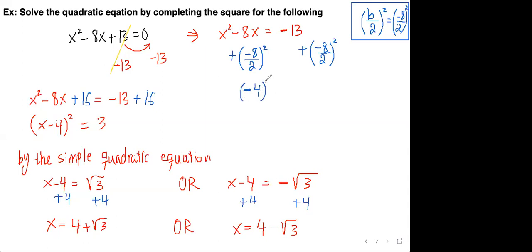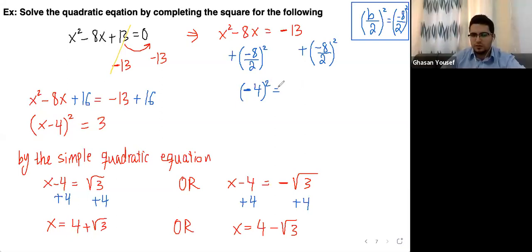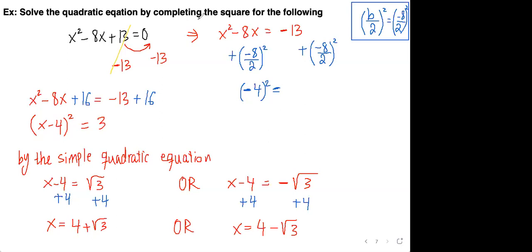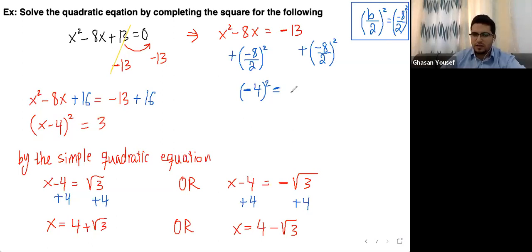So if it doesn't say complete the square, we can use any way we want? Exactly. If I did not tell you the way to use, you can use the quadratic formula, factoring, or any way you want. But if I specify in the question that you have to complete the square, you have to use this step. Okay, thanks.